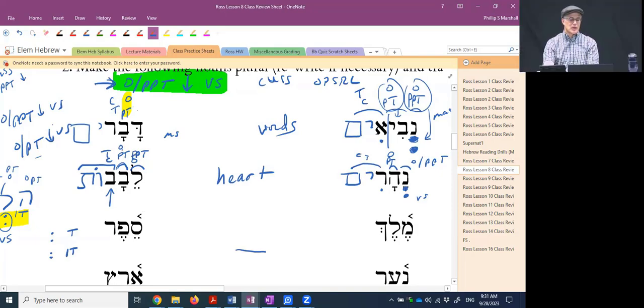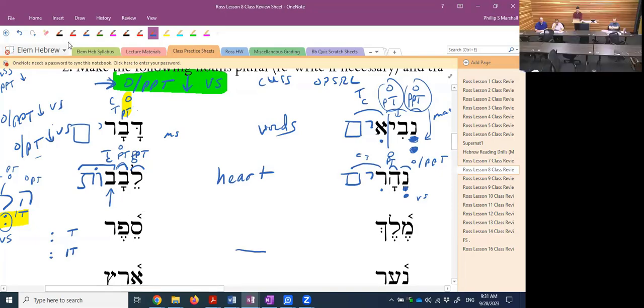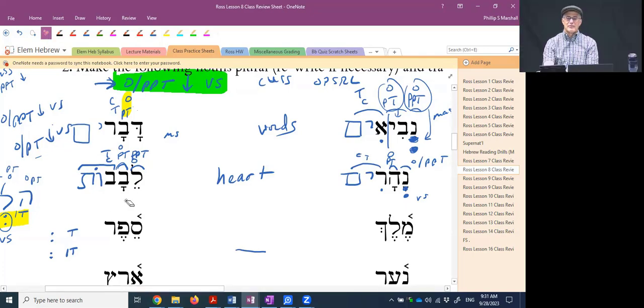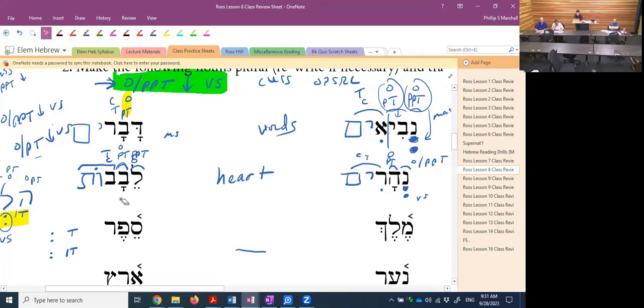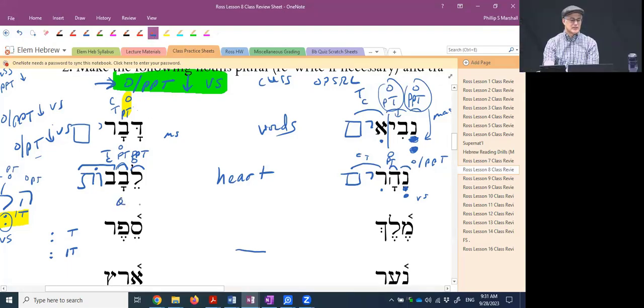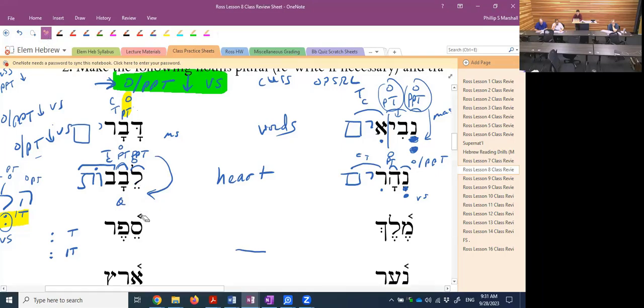Open pretonics require what? Long vowels. Is this kamets long under the vet of levav? Yes, that's already long. I don't need to change it then, do I? We're good. But what about the tsere? Open propertonics like to do what? Reduce. Reduce to what? Vocal shva.